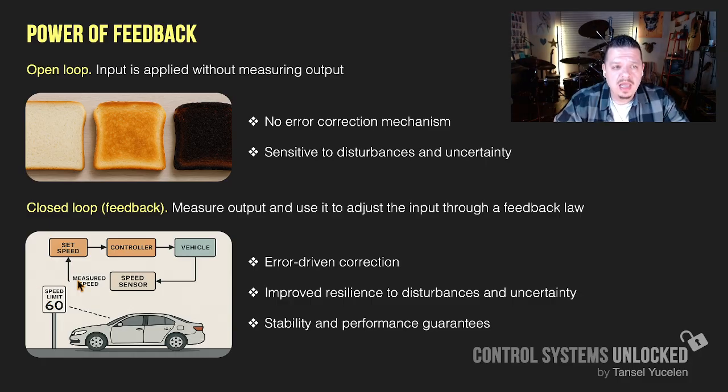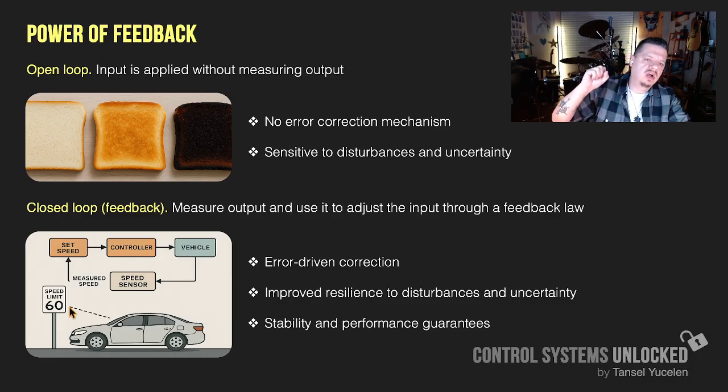So in contrast to open loop control, in closed loop, when you have feedback, you measure the output and use it to adjust your control input through a feedback control law. In this case, it is error driven, right? Your speed when you are climbing up became 57. So the error between 60 and 57 is 3.